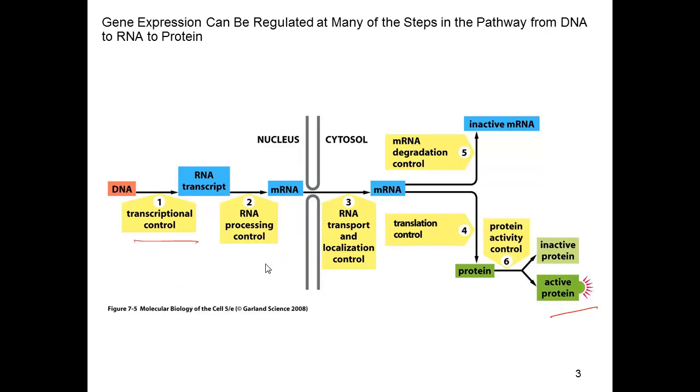Once you've made the RNA, there's lots of other ways to influence this process of getting to the active protein: processing the RNA, transporting the RNA, binding to it, localization, making it free and available, or sequestering it from being used.